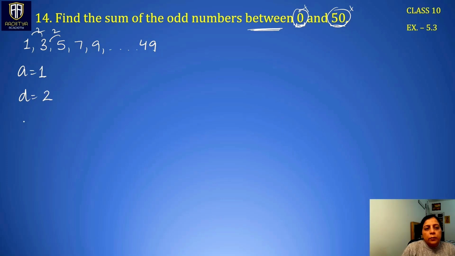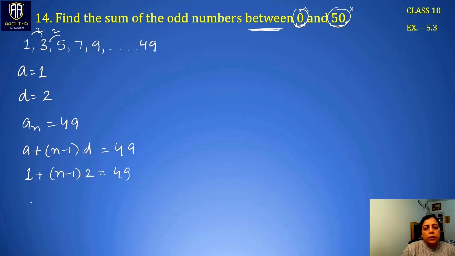First of all we have to find how many numbers are there in this sequence. So an is 49, which is represented by a plus n minus 1 times d. The value of an is 49, A is 1, N we have to find, D is 2.